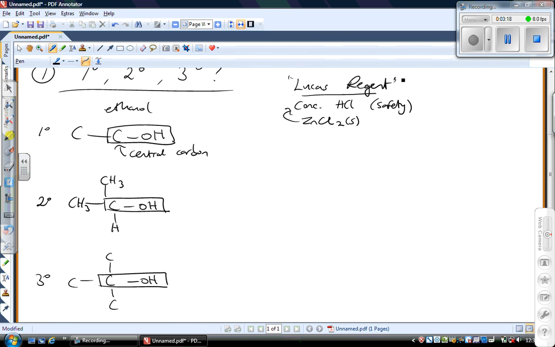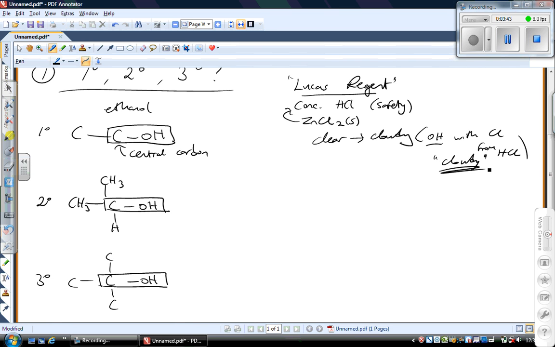A Lucas reagent test is that it goes from clear to cloudy if a successful halogenation takes place. So what we're doing here is substituting an OH group with the chlorine from HCl. So if this reaction is successful, it goes cloudy.